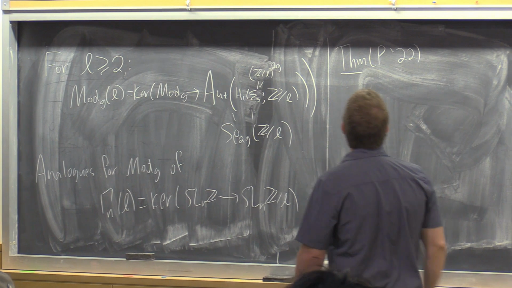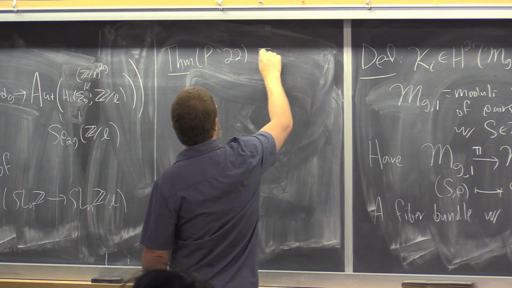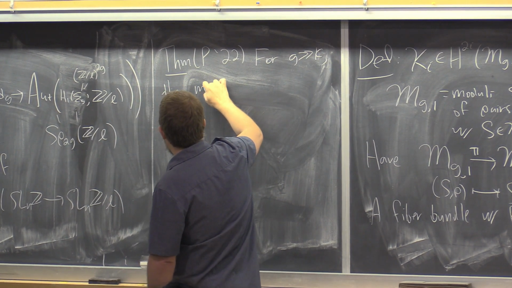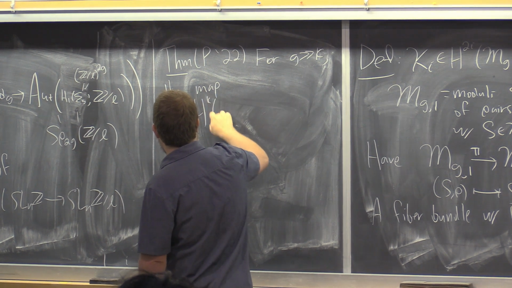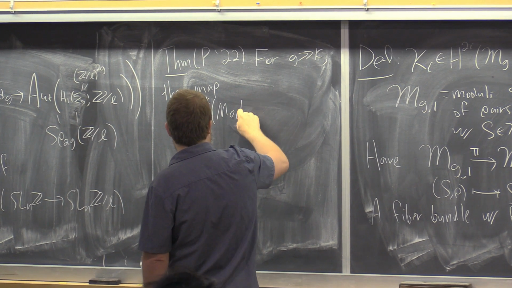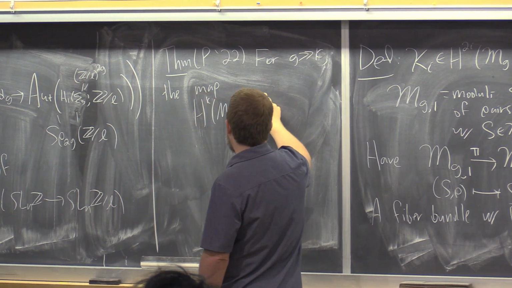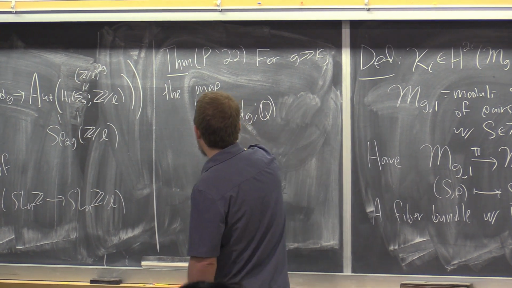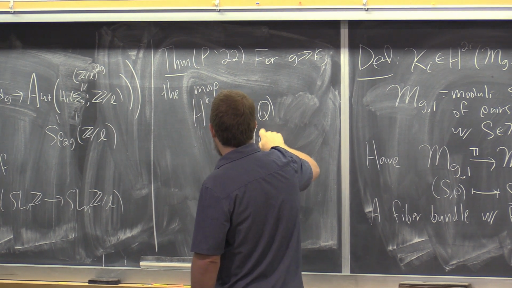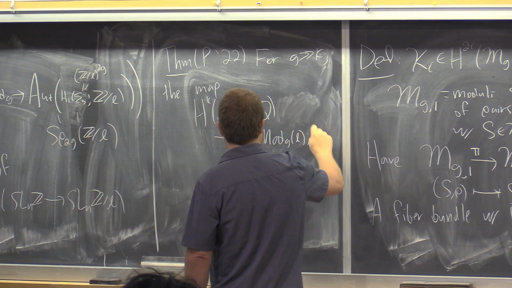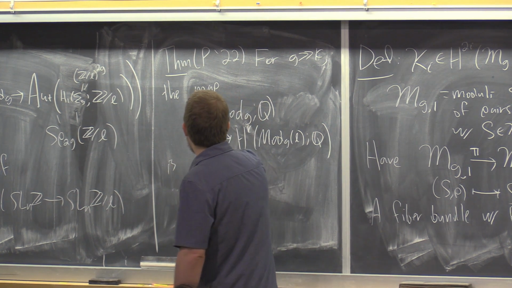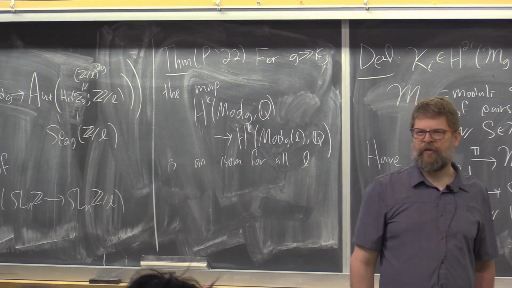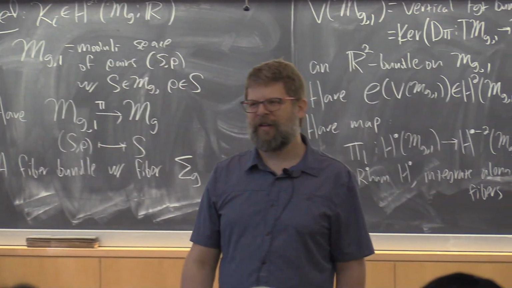It says the following: for g large relative to k, the map from the cohomology of the whole mapping class group, which is the same thing as the cohomology of M_g with Q coefficients, to H^k of Mod_g[L] with Q coefficients, is an isomorphism for all L. So we have this sort of analog of the Borel theorem, at least in this weak sense, that passing to these finite index subgroups doesn't change things.